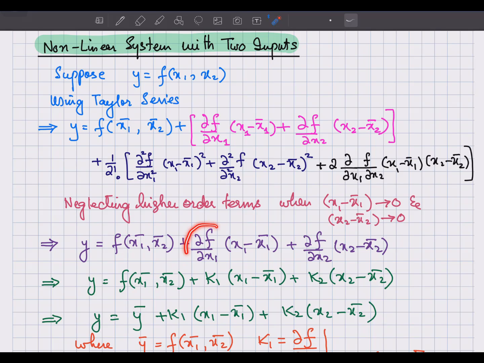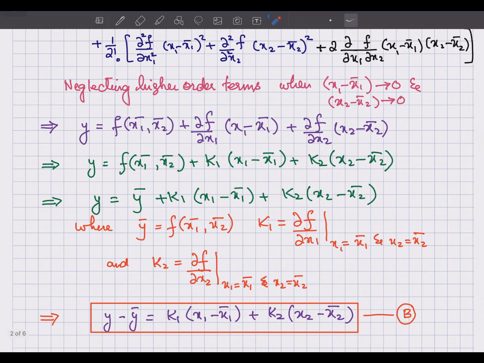Now let's assume that this derivative is equal to k1 and this derivative of the function with respect to x2 is k2 at the selected operating point. So all of these derivatives are evaluated at the operating point at which we are linearizing our function, right? So what is this? This is y bar, the value of the function at the operating point x1 bar and x2 bar.